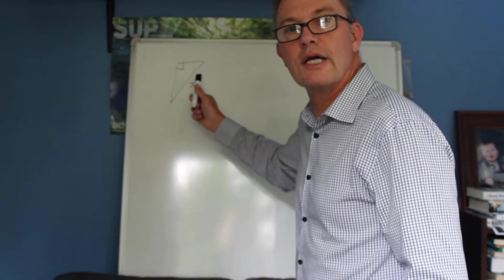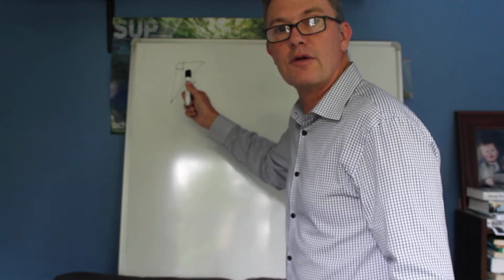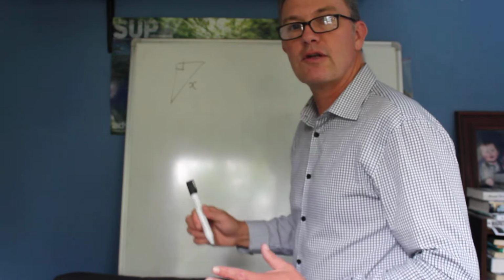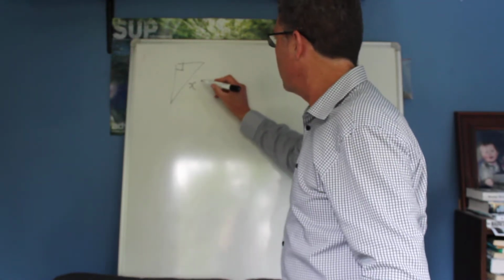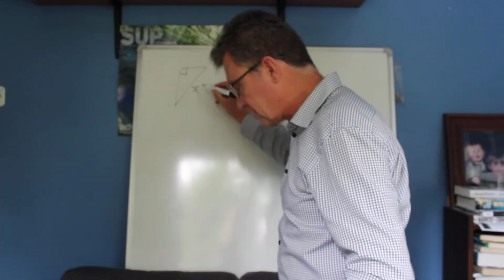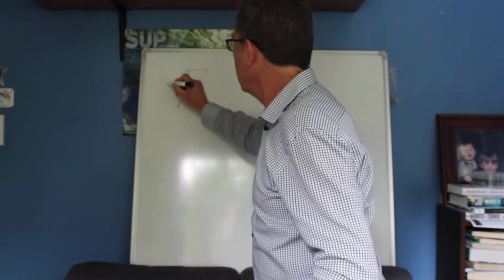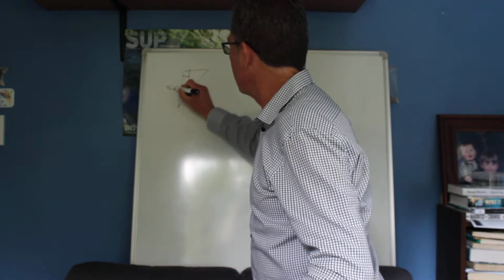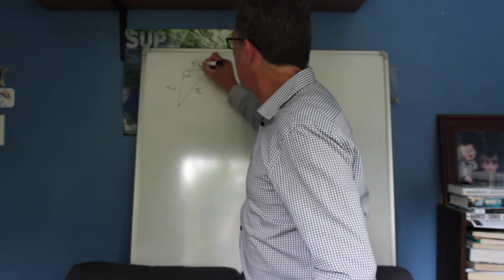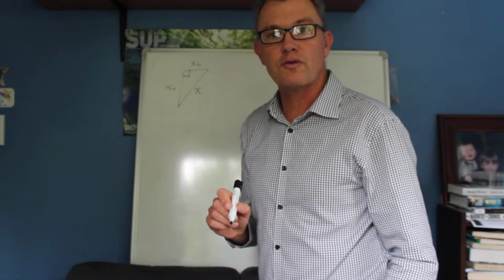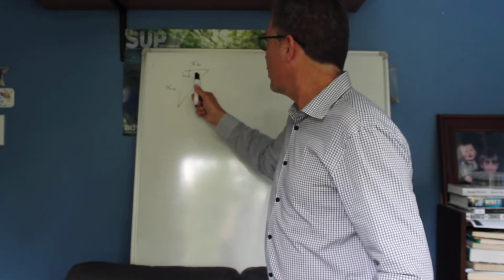It's pretty horrible actually, but that is a right angle. Now if that is a right angle, we can have our two components of x. Let's call them xv for vertical, and xh for horizontal. So two components. They are at right angles to each other.